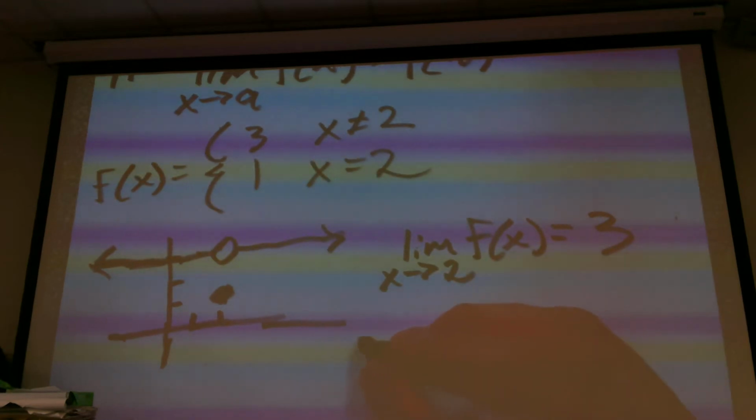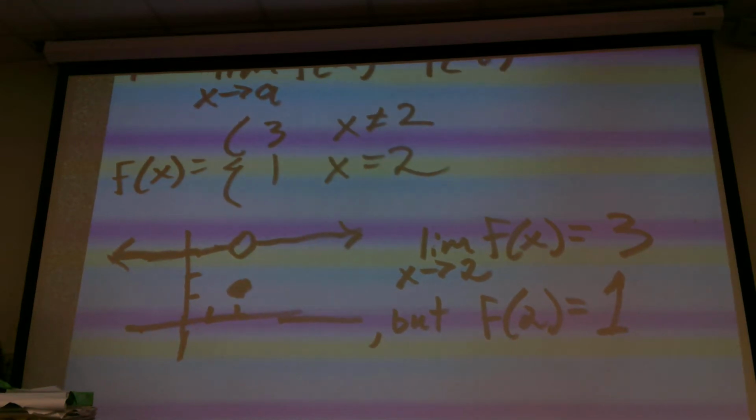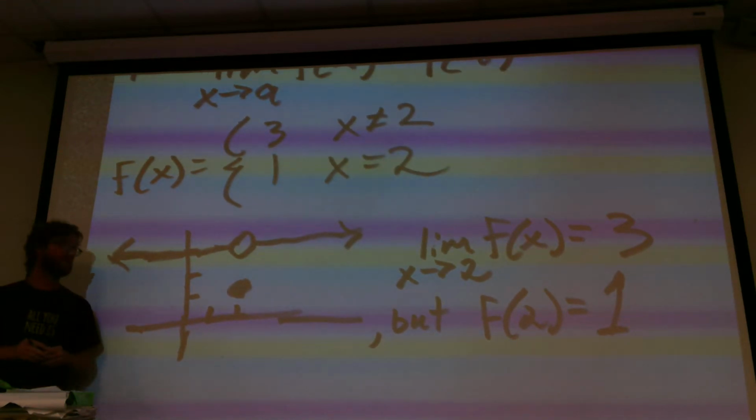But f at that point actually equals 1. Okay?